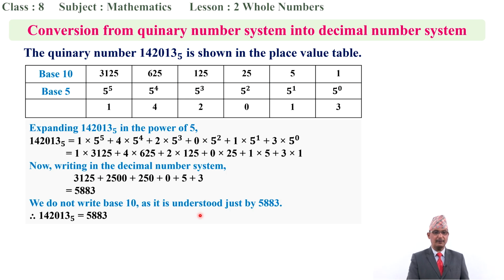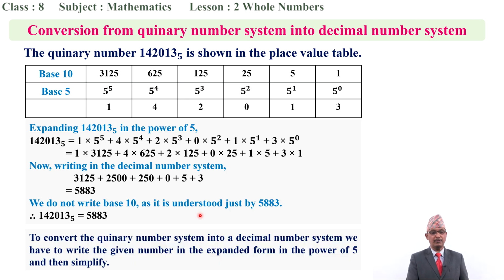So on the basis of this conversion, now what can we say? To convert the quinary number system into the decimal number system, we have to write the given number in expanded form in the power of 5 and then simplify. In the binary number system, we have to write the given number in the power of 2.